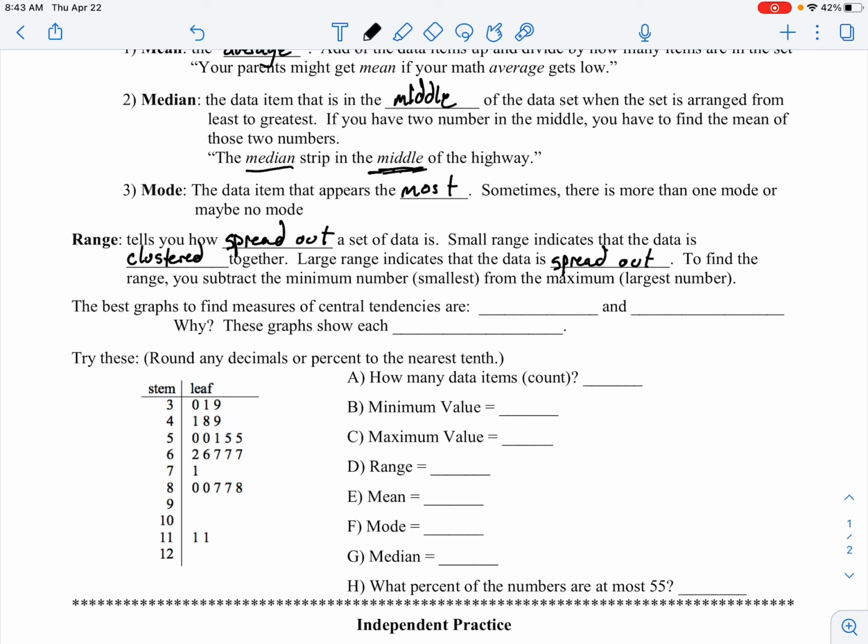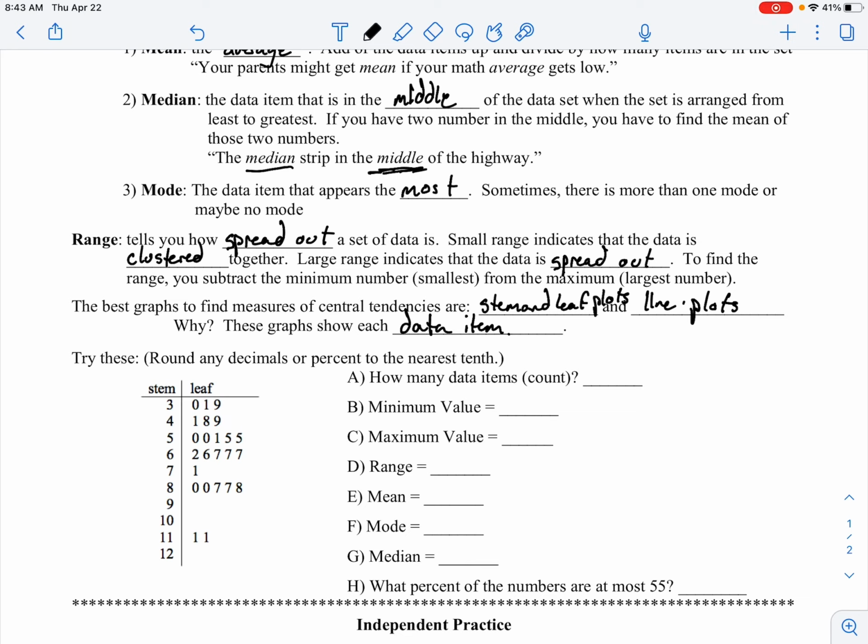So the best graphs to find measures of central tendency are stem and leaf plots and line plots. That is because these graphs show each data item.